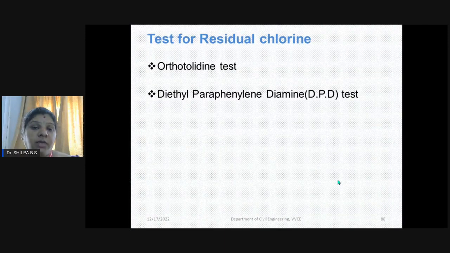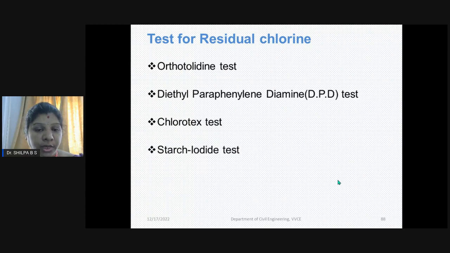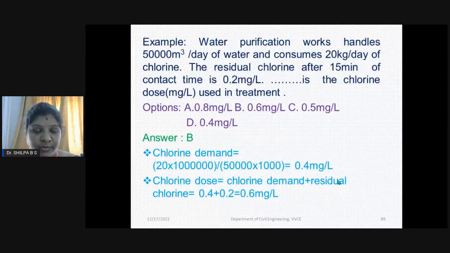The tests that we conduct to check whether residual chlorine is there in the water are the orthotolidine test, the DPD test, that is diethyl paraphenylene diamine test, and the chlorotex starch iodide test.